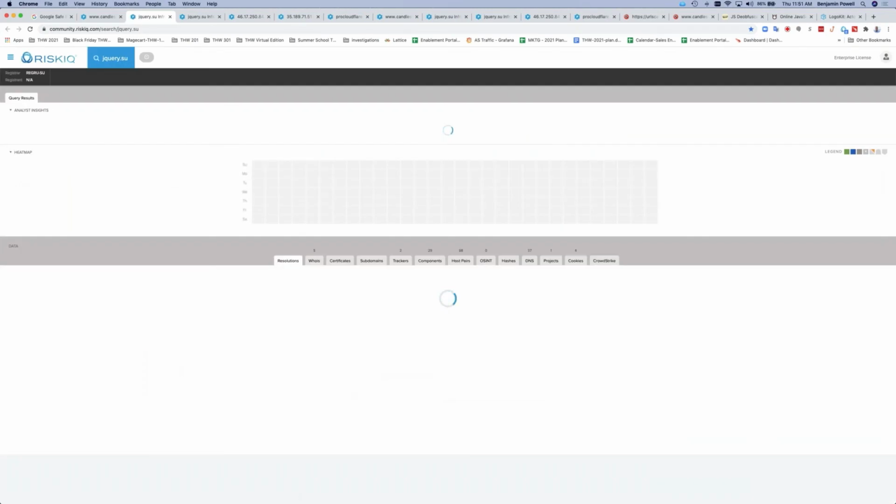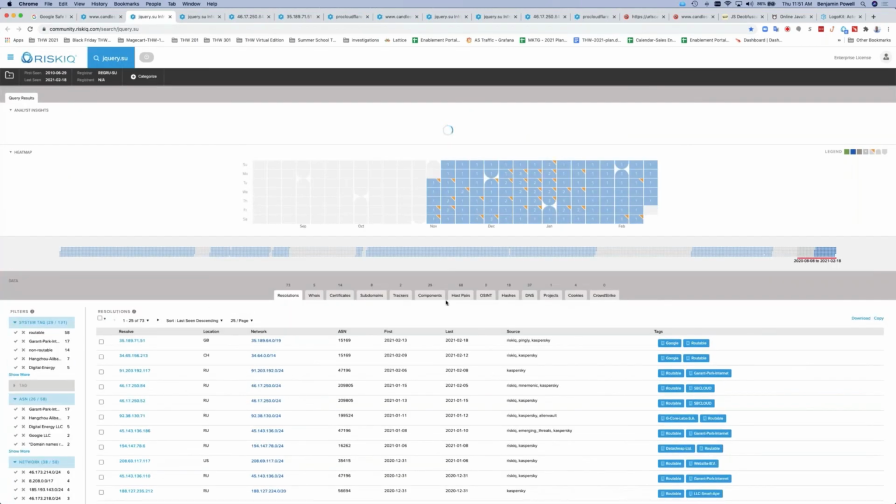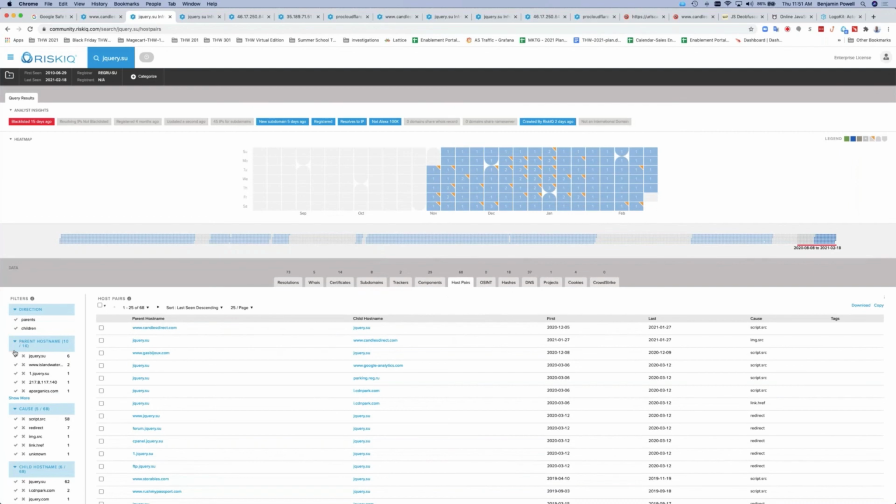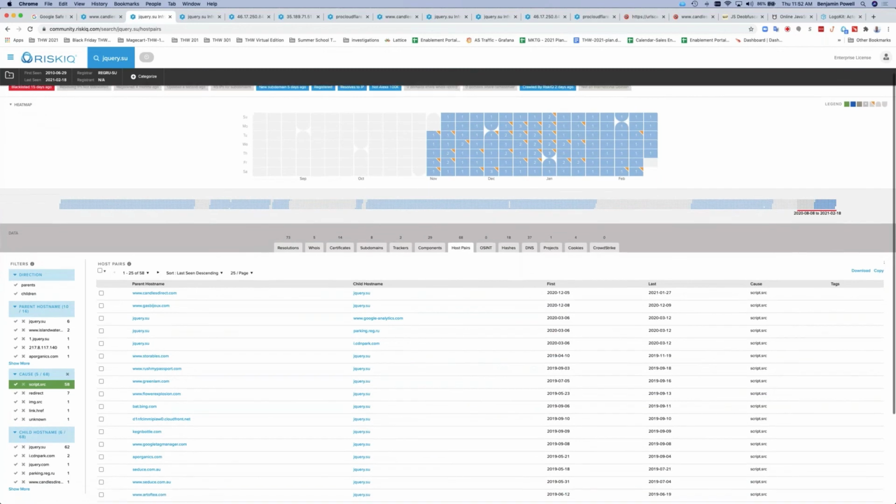So now that I have this listed, if I take a look at host pairs and I look at scripts, I can see everywhere that a website other than jQuery.su was referring back to this bad site. And so I can see Candles Direct. There was this website here. Okay.